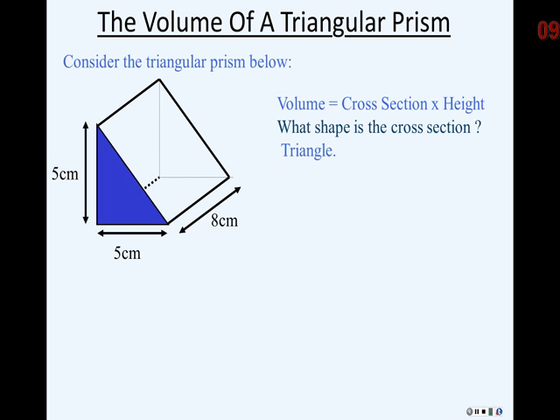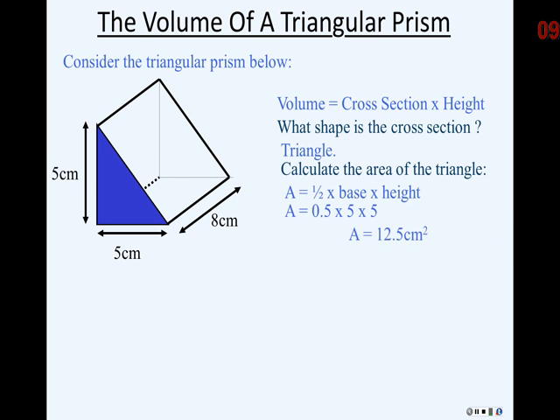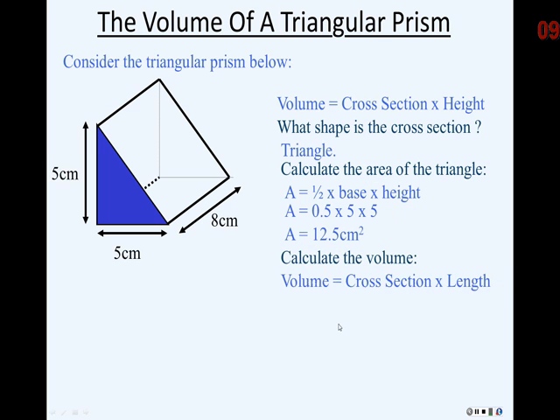So then all you have to do is take the area of the triangle times the length and you've got your volume. And sometimes you just calculate it from scratch. So you have 1/2 the base times the height to get the area. And remember, areas are always squared. And then you multiply it by the length, and that will give you the volume.